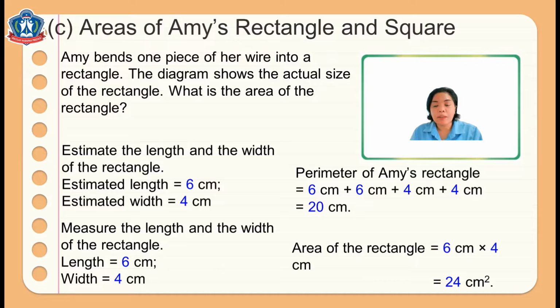To get the perimeter, we will add 6 twice, so 6 plus 6, and 4 twice also, so 4 plus 4. So the total is 20 centimeters. To get the area, we will multiply 6 by 4 and that is 24 square centimeters. So the area is 24 square centimeters and the perimeter is 20 centimeters.